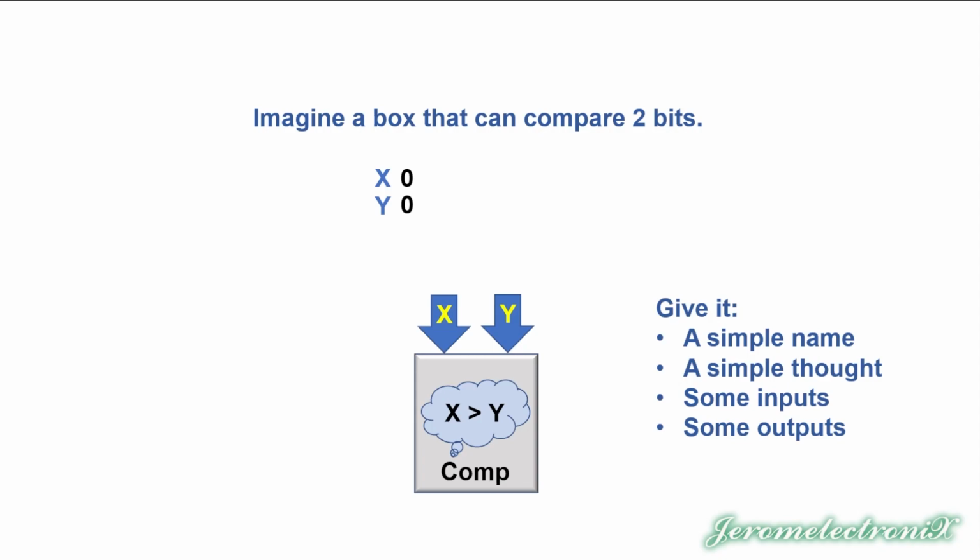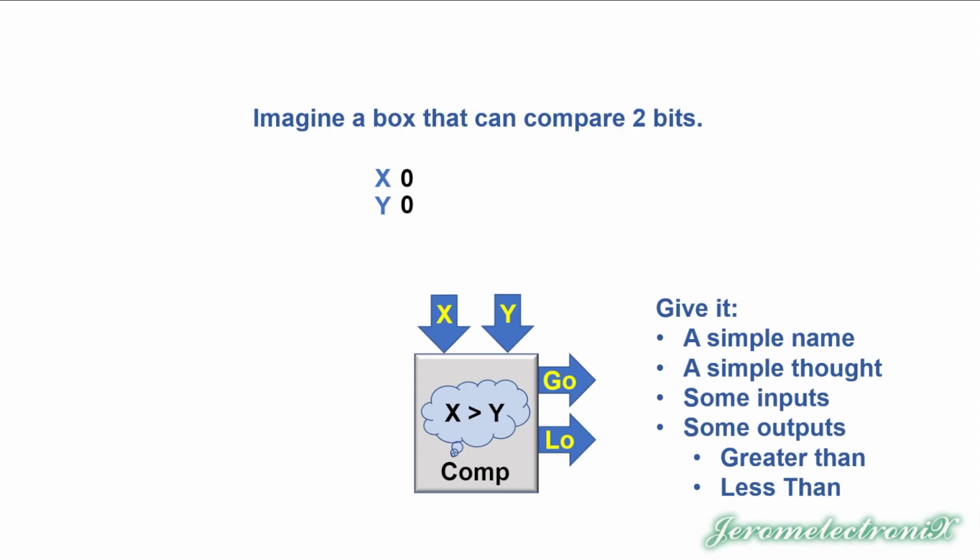And the outputs that we're going to put on this box, we're going to say, okay, if x is greater than y, then we're going to put a 1 in the output GO, which means greater than output, okay? And if it's greater than, but we also need an output so that we can represent less than and equal to, but we can do it with 2 outputs. So we're going to make another output called less than.